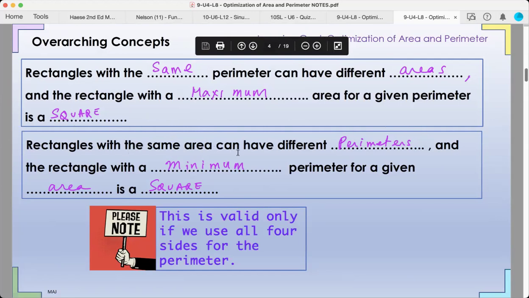Rectangles with the same area can have different perimeters, and the rectangle with the minimum perimeter for a given area is a square.